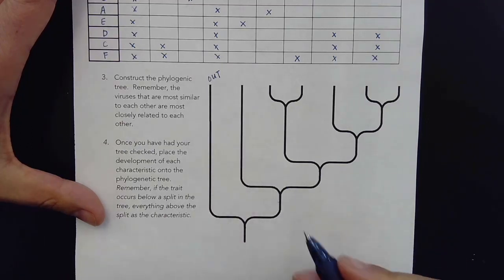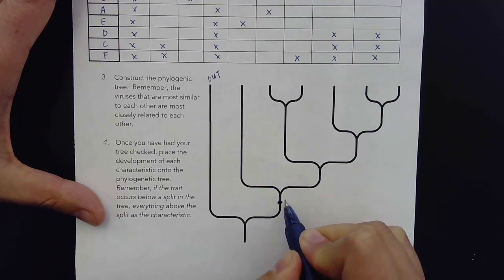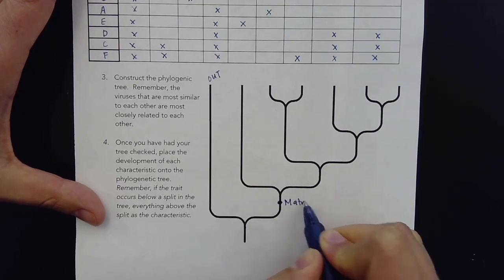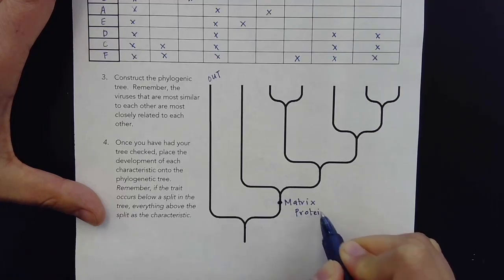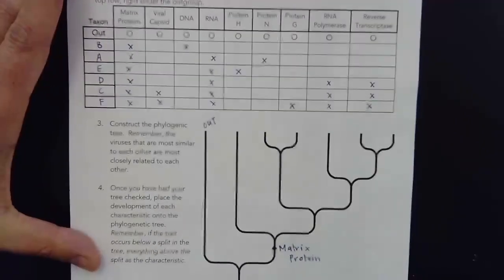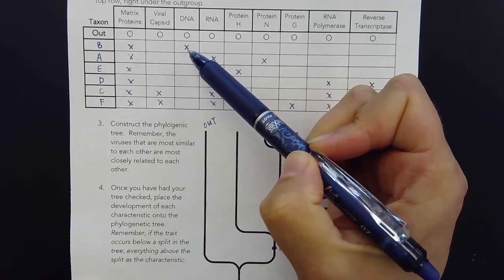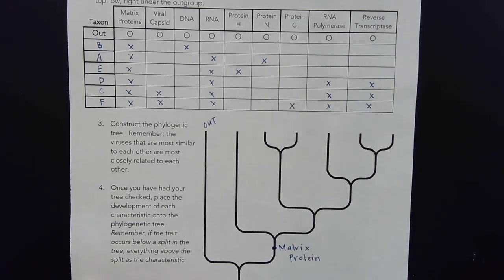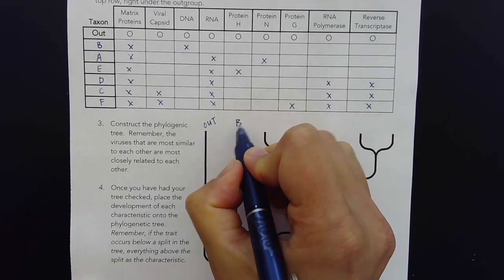And it turns out that that something is a matrix protein. I know that because all of the things have a matrix protein. Now, B has a matrix protein and something else, and it's the most closely related to our outgroup, which lets me know that this must be B.